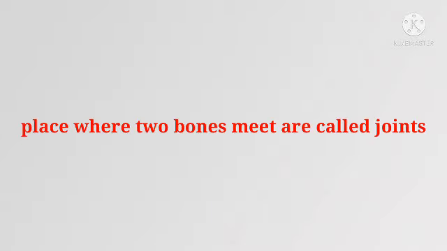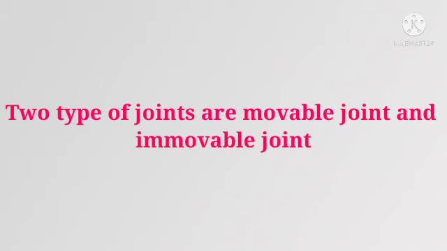So joints are of two types: movable joint and immovable joint. The place where two bones meet is called a joint. The joints that allow movement are called movable joints, and the joints that do not allow movement are called immovable joints. Examples for movable joints are the joints in our neck, shoulder, knee, elbow.